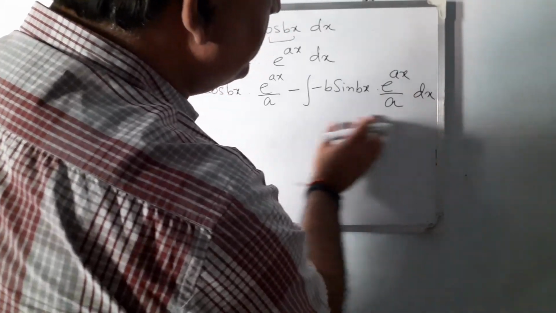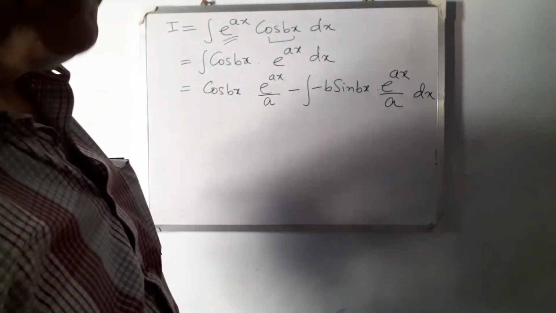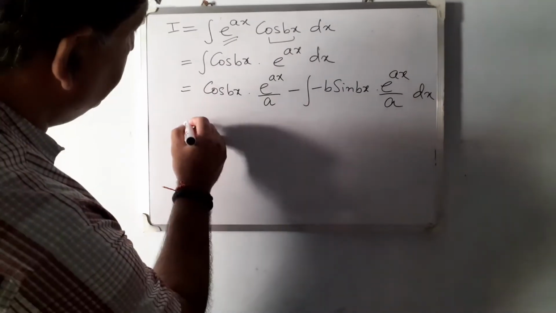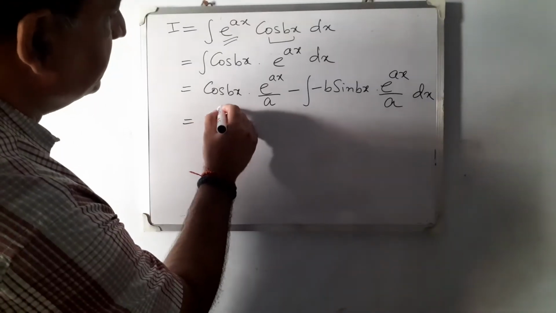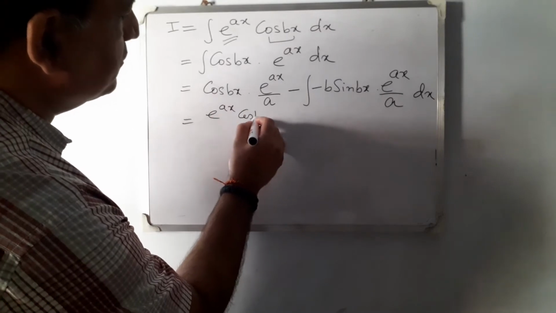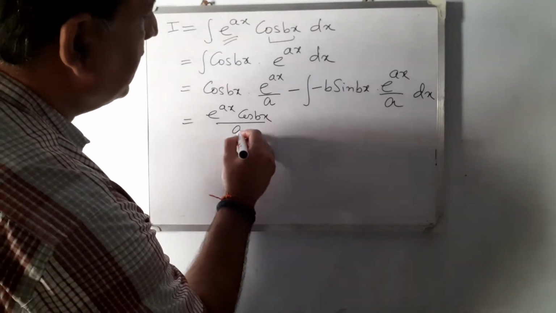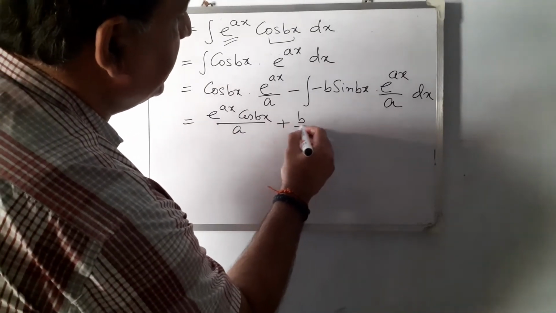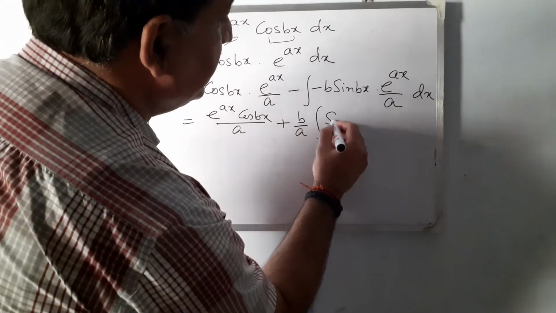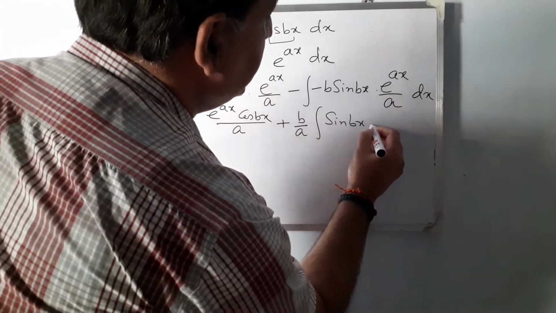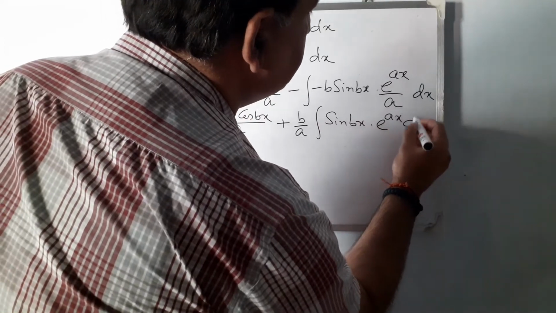This result you get after applying integration by parts. Now we can write it in a systematic manner: e power ax cos bx divided by a plus b by a, again integral sin bx into e power ax dx.